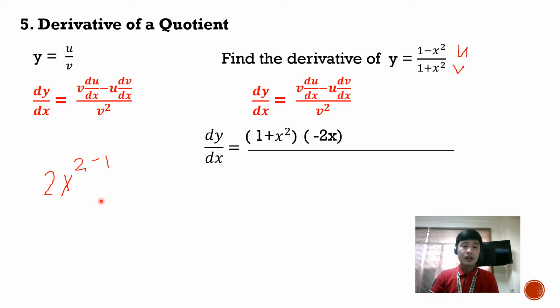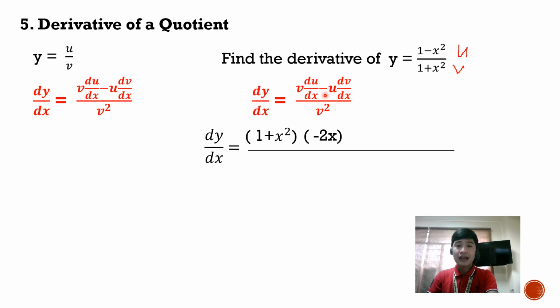Okay? Kaya po ito naging negative because of this. Ayan. Minus, derivative ng constant, 0, so wala yon. Minus, derivative ng x squared. Yung derivative ng x squared, yun po ay resulta nito. So, that's 2x. So, negative 2x siya. Ayan. Okay? So, continue natin.